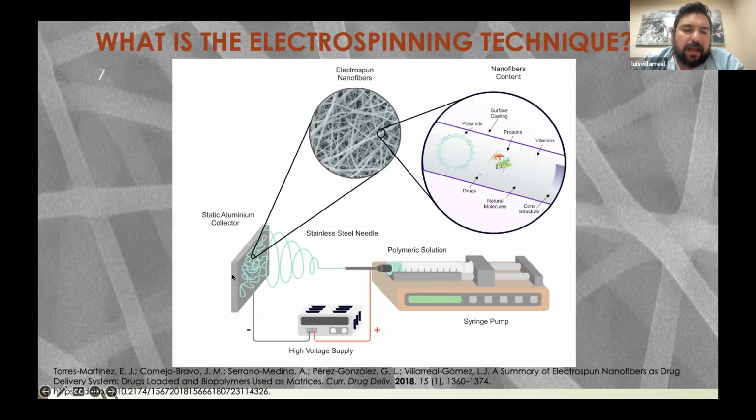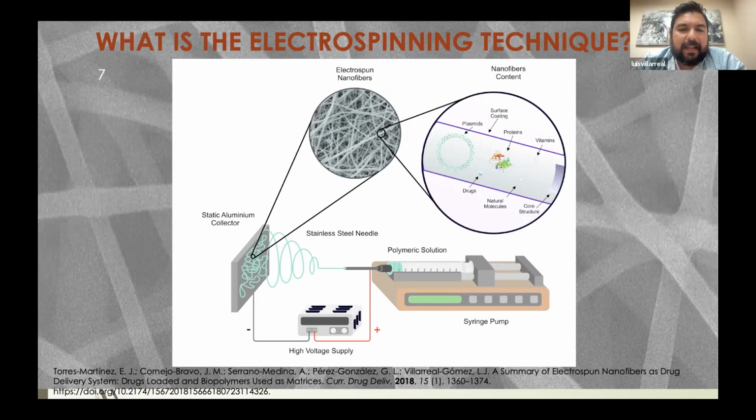Then we use a collector, a metallic collector that is conductive. This collector can be dynamic or can be static. I will explain the difference between them. And you use a high voltage supply. You put an electrode at the collector and the other electrode at the stainless steel needle tip. And you apply a high voltage between 5 kilovolts and 35 kilovolts, and you create an electric force.